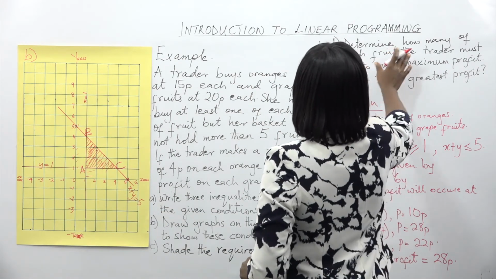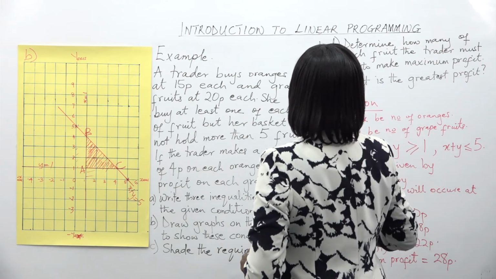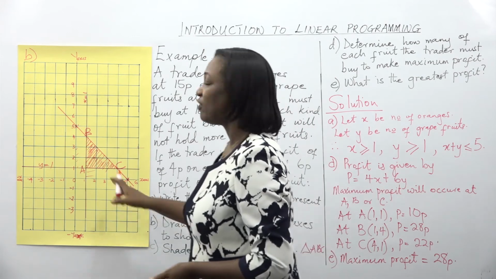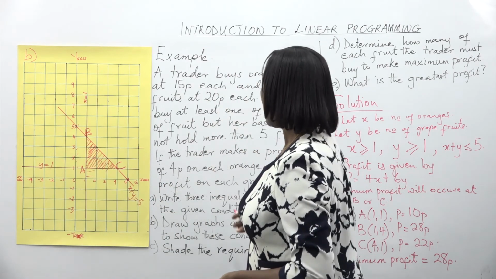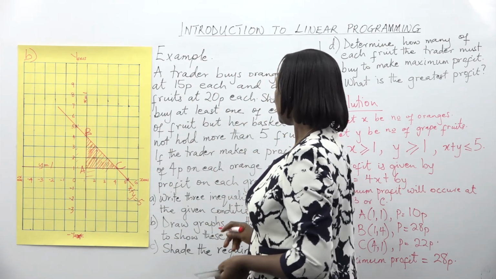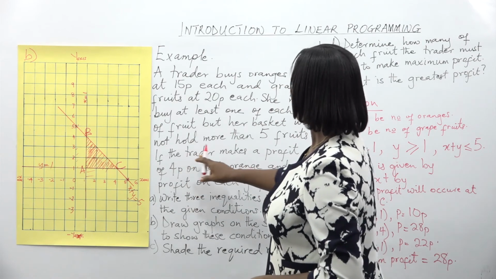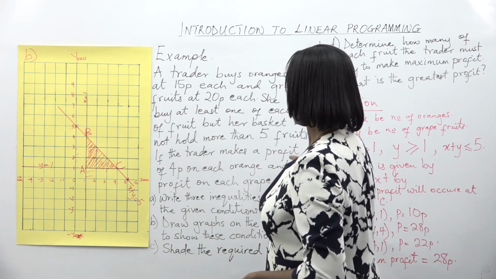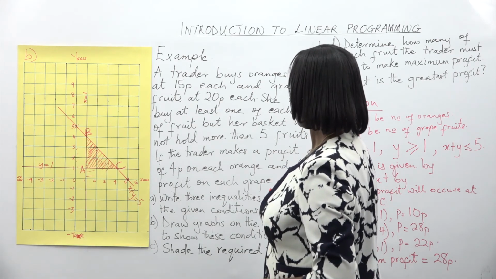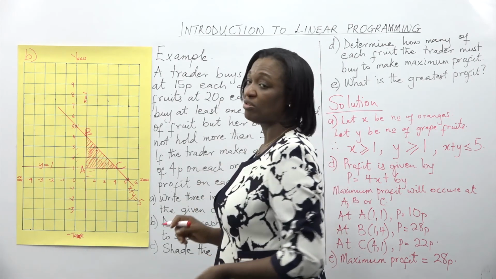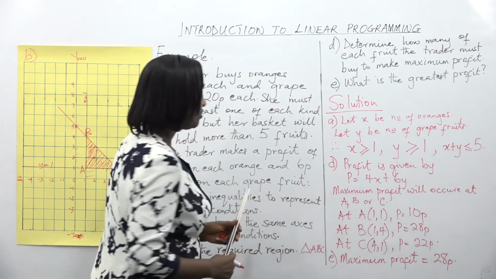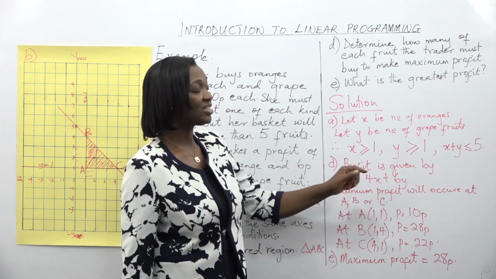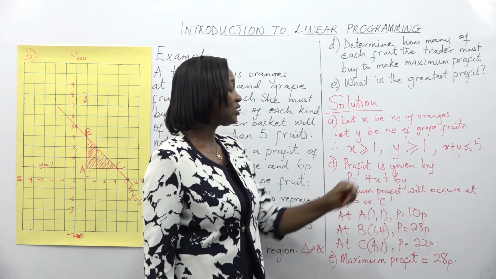D, determine how many of each fruit the trader must buy to make maximum profit. So now, if the trader makes a profit of 4p on each orange and 6p profit on each grapefruit, the profit will be given as 4x plus 6y.